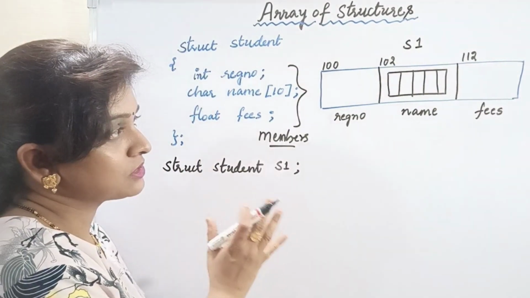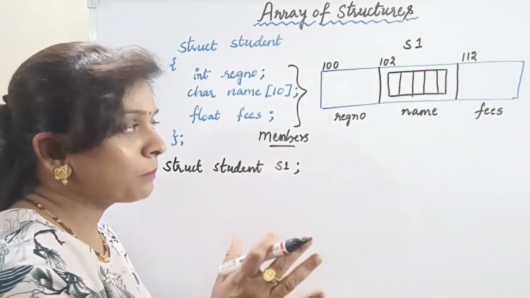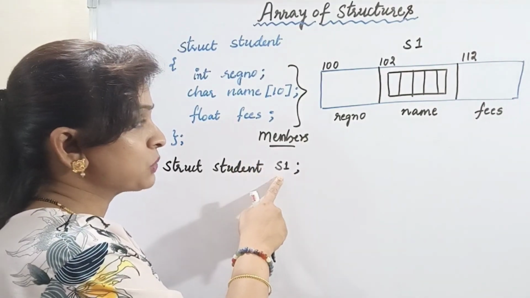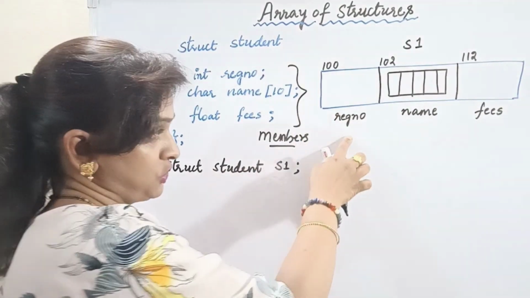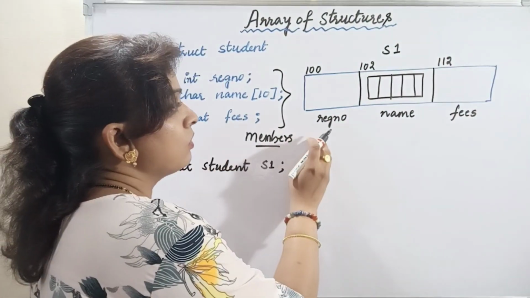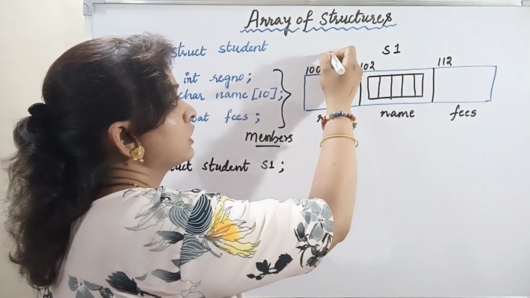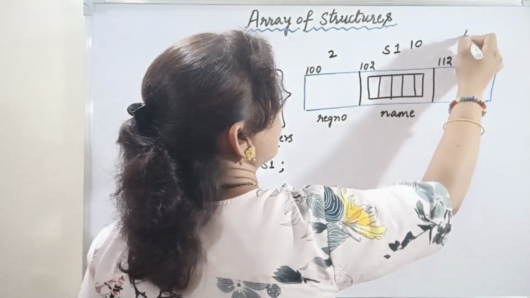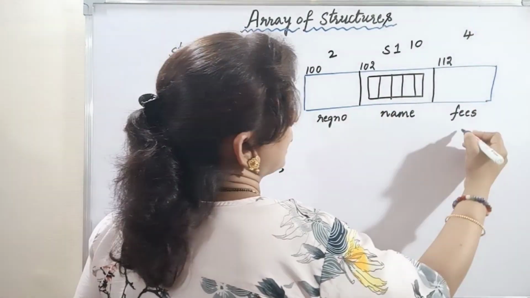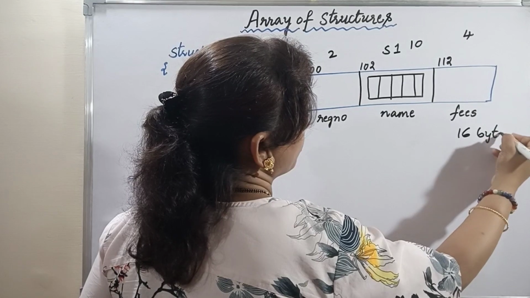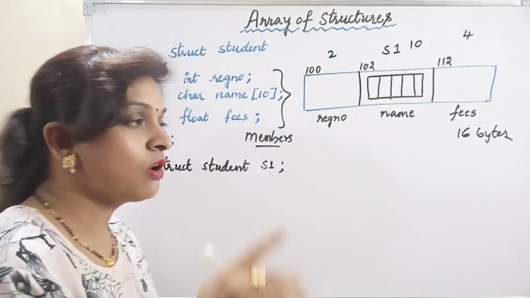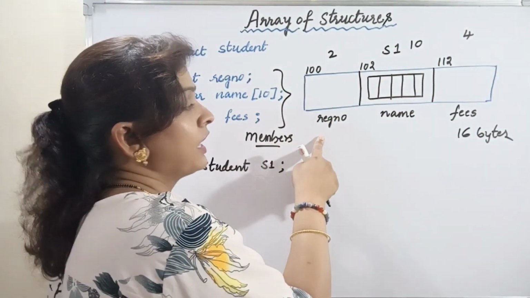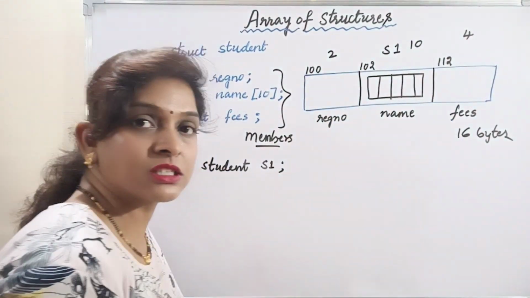This representation means I am storing the details of one student: register number, name and fees. Register number is 2 bytes, name is 10 bytes and fees is 4 bytes. Totally I am getting 16 bytes of memory for S1. So one structure variable S1 is of 16 bytes that can store register number, name and fees.